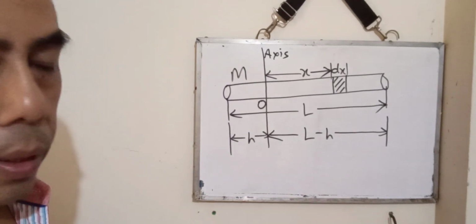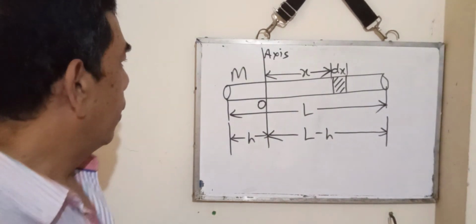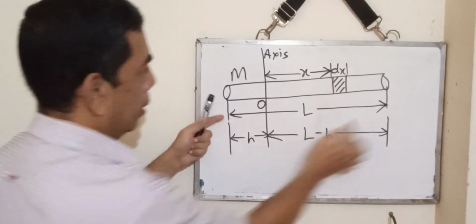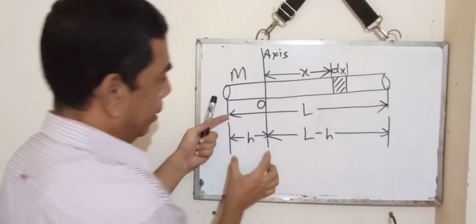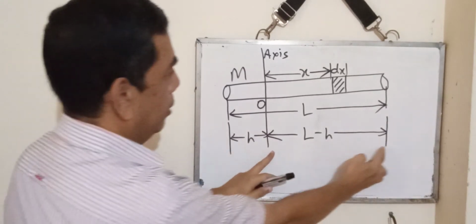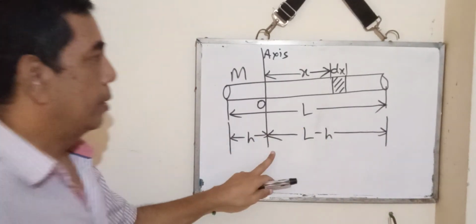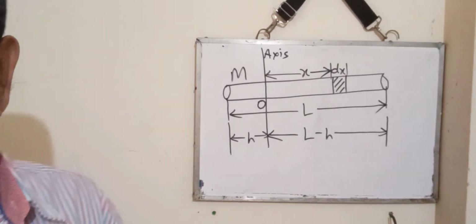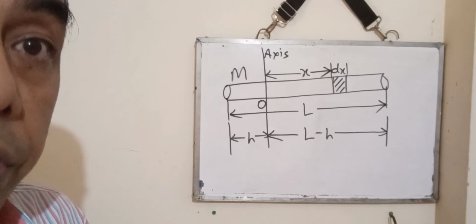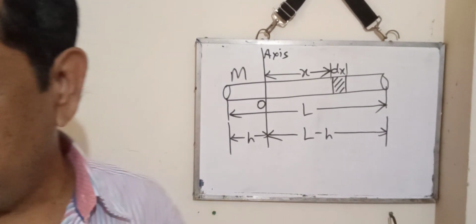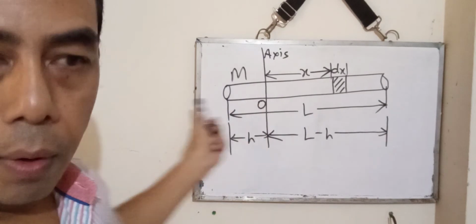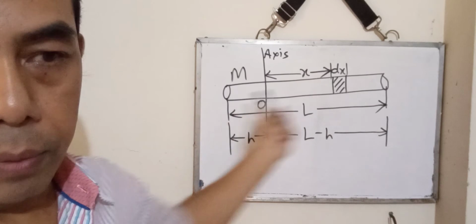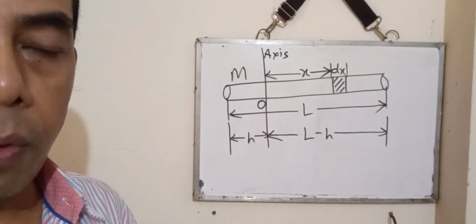Now this distance is L, and this distance is H. Then this distance will be L minus H. Now you have to derive the moment of inertia of this total uniform rigid rod.